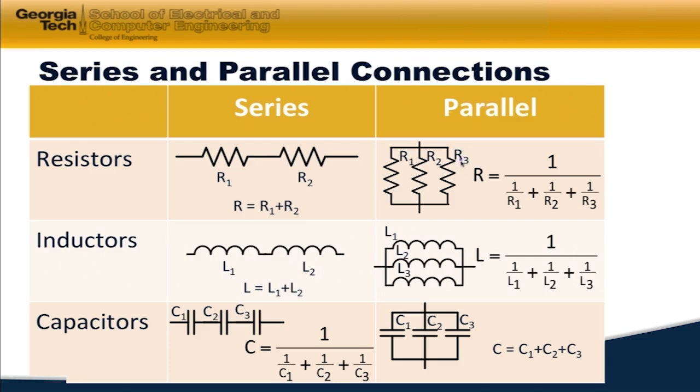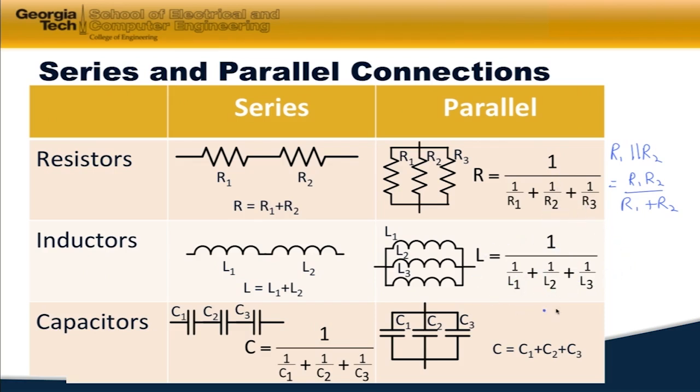So if R3 is equal to 0, and I only have R1 in parallel with R2, then that would be equal to R1 times R2 over R1 plus R2. And we can get that by setting R3 to 0 here, or dropping that off of here, and then just simplifying this form.